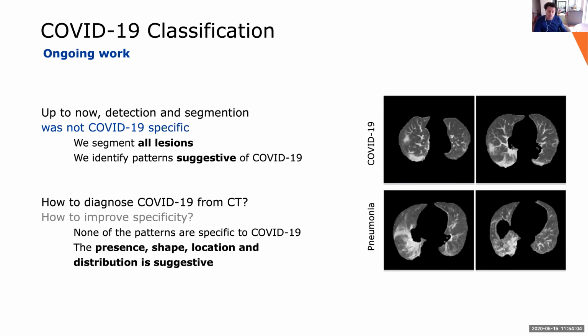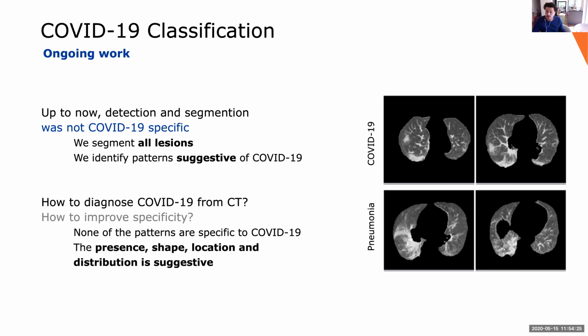If we want to go towards using CT as a diagnostic tool, we would have to improve specificity. And that's a hard challenge, because we know from literature and from our colleagues, doctors, that none of the patterns are actually specific to COVID-19. They appear in other pathologies.